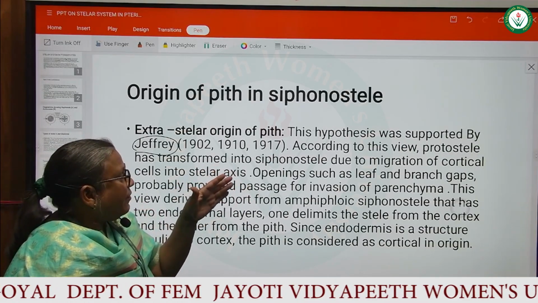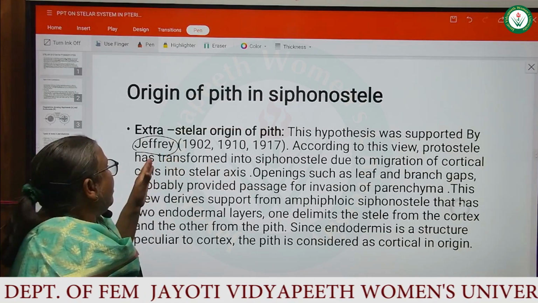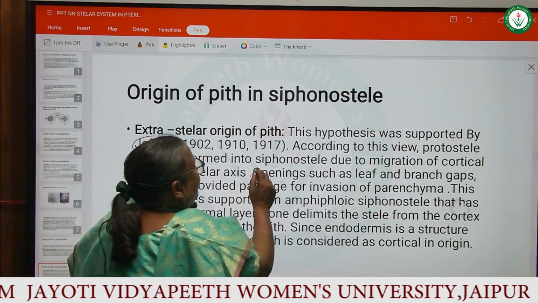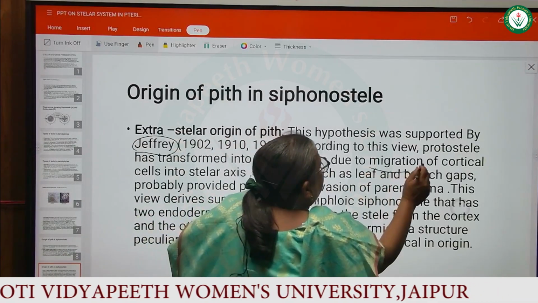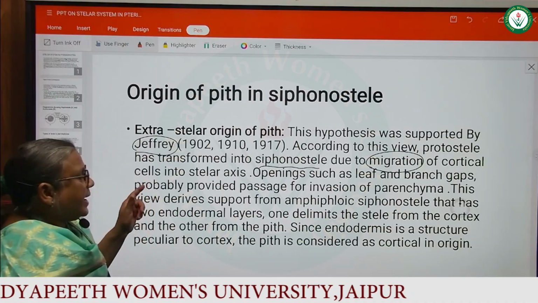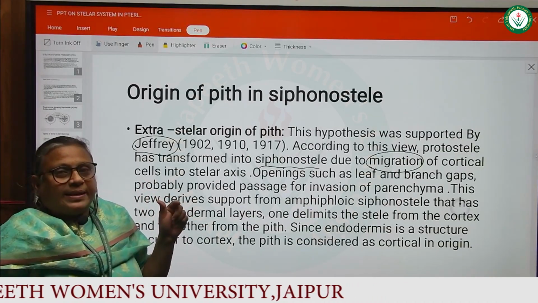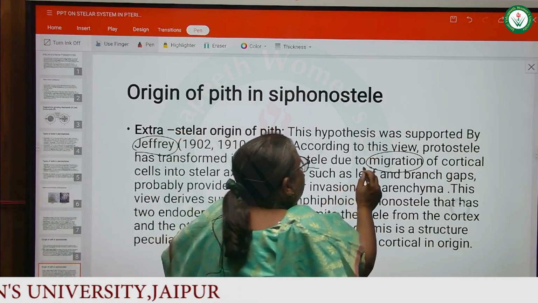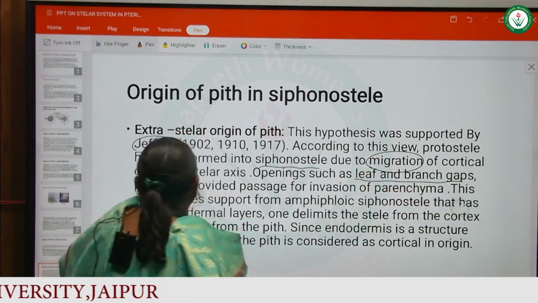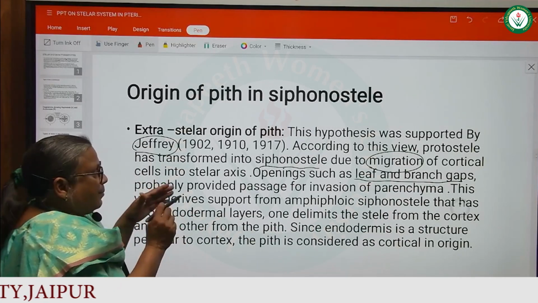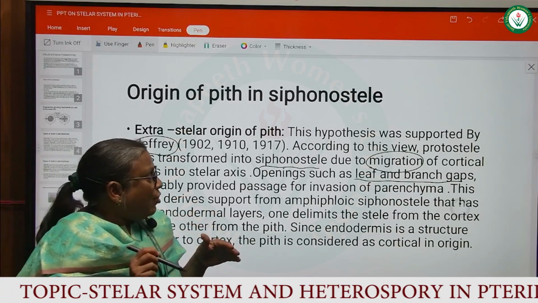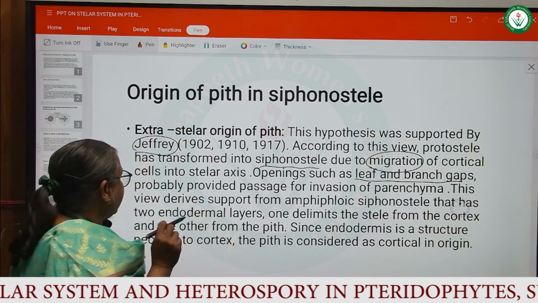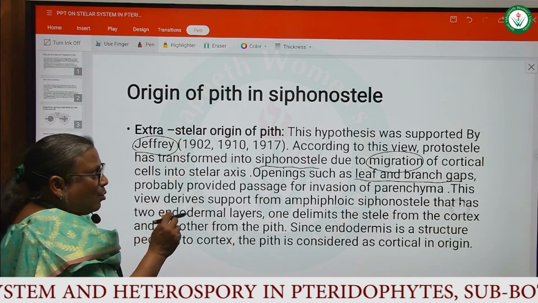According to the view of Jeffrey, protostele has transformed into siphonostele due to the migration of cortical cells into the stelar axis. Openings such as leaf and branch gaps probably provided passage for the invasion of parenchyma.